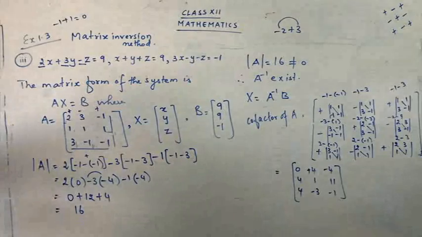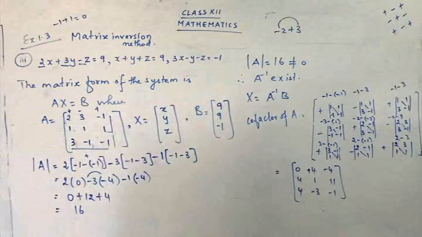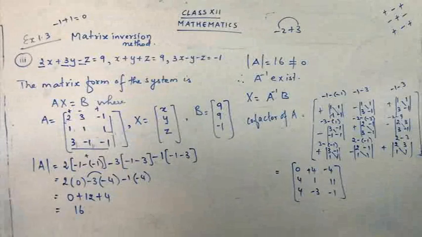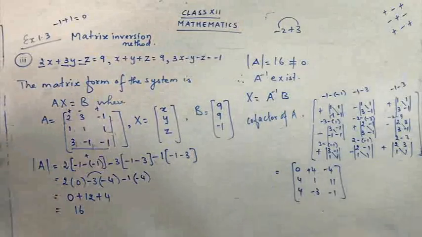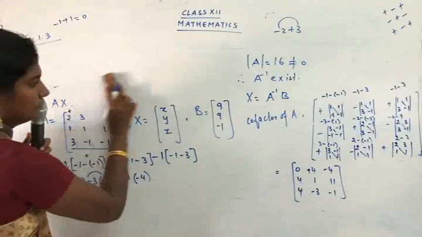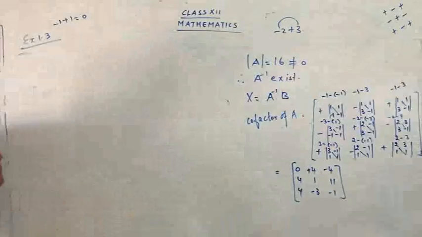Okay, so we have found the cofactor. The next thing is to find the adjoint. Yes. So for finding the adjoint, we have to take the transpose of cofactor. So let's take the step. Write down.